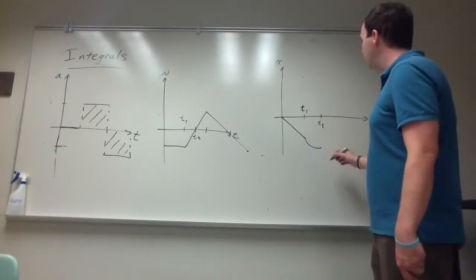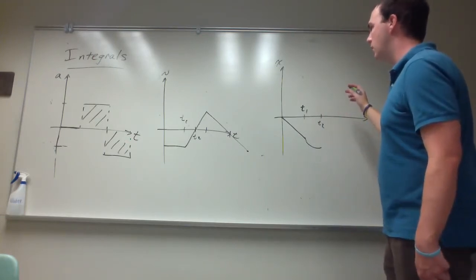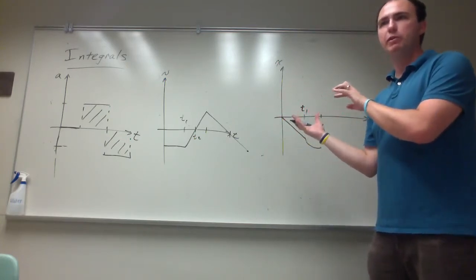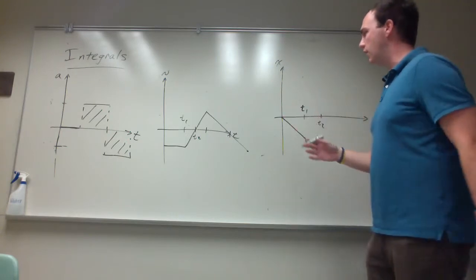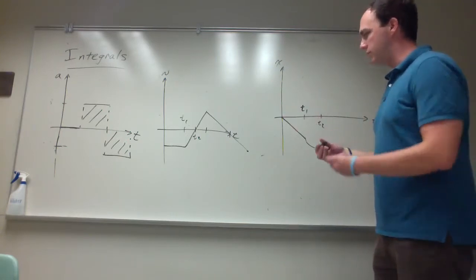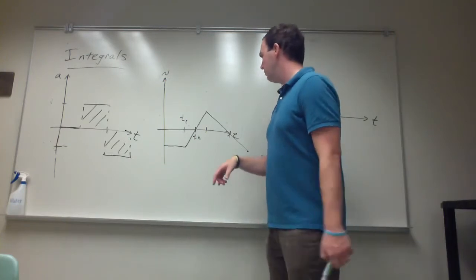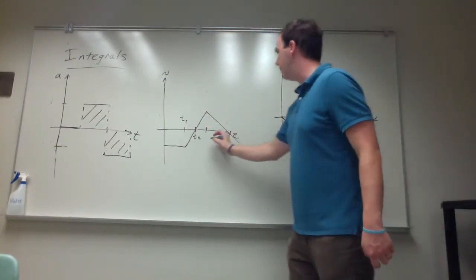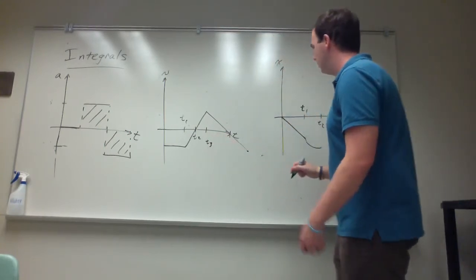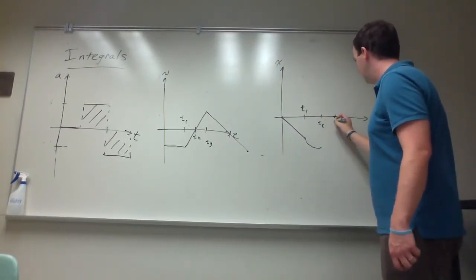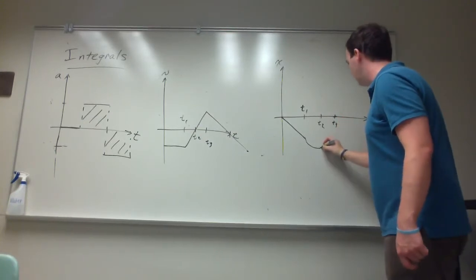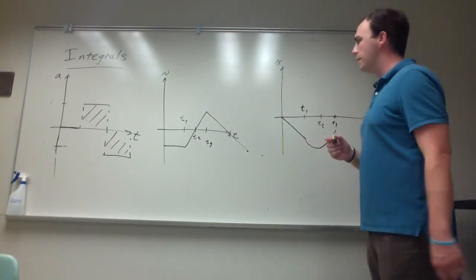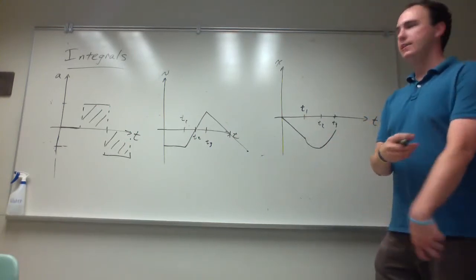And who knows when we cross x = 0? If we really had numbers here, we'd be able to tell, but from here it's a little hard to tell. So anyway, I don't know where I'm going to cross x = 0, and then T3. So I'm just going to go up. Maybe I never cross x = 0. So what happens at T3? Do I turn around?